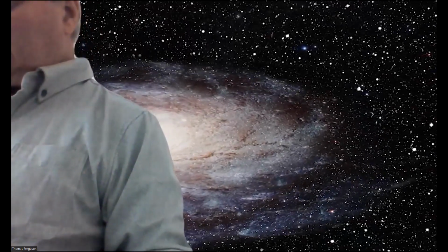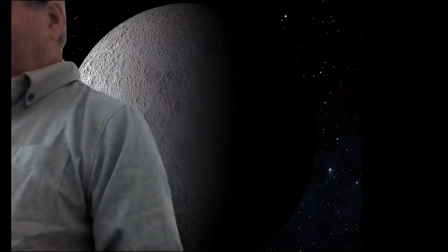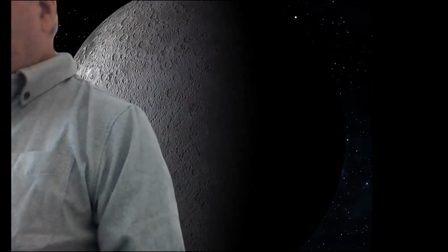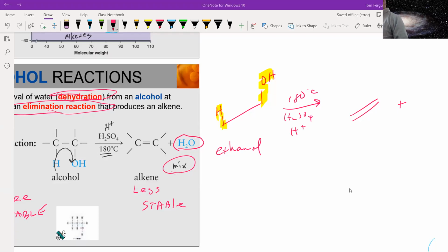So the big deal here is to find water. If we know we have water, OH and an H, in those harsh conditions, we can pull that water out and create an alkene.